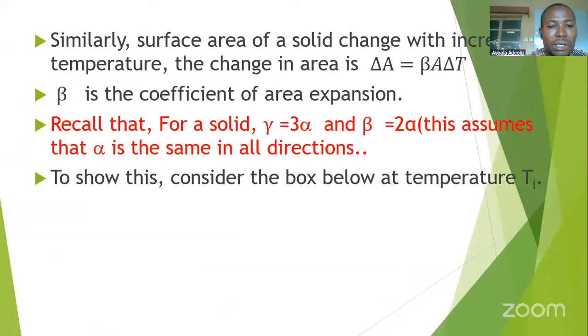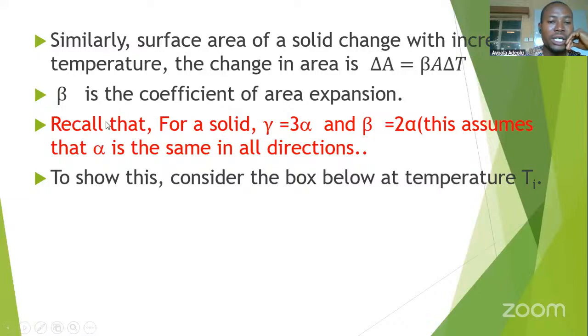Similarly, we can do the same to area of a solid, so that we can have delta A is equal to beta A. It should be Ai, that's initial area, delta T. So in this case, beta is the coefficient of area expansion, which is also called the superficial expansion.